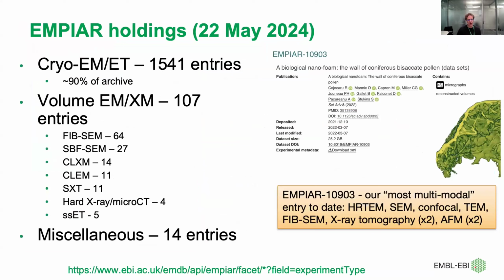EMPIAR is still dominated by cryo-EM and cryo-ET, that's about 90% of the data. But as I mentioned, there's a growing set of these other types of information, the non-structural biology 3D EM, and also some soft and hard X-ray tomography.